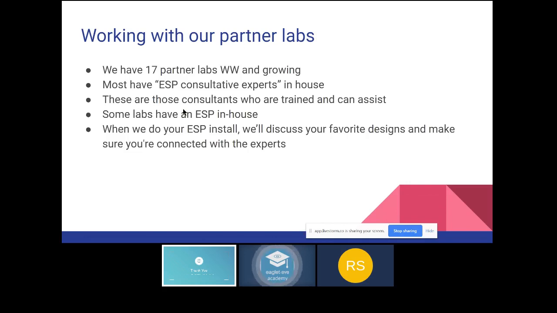So how do we work with our partner labs, and how do you work with the partner labs? So with 17 partner labs growing, we're a small company. It's been a challenge to keep up with these labs, but nevertheless, we're focused on making sure that their consultation team, at a minimum, is well schooled on what's going on with ESP and understands the data and understands the imagery, so that a practitioner could share a file with a lab, and you guys could have a conversation about what you see on the screen, just like we did this morning with Rainier.